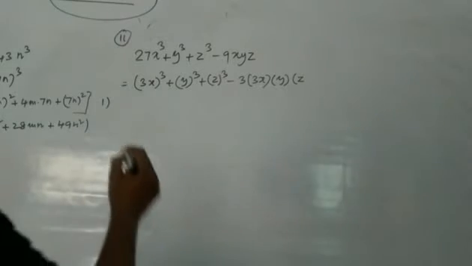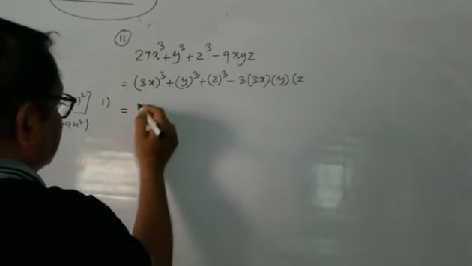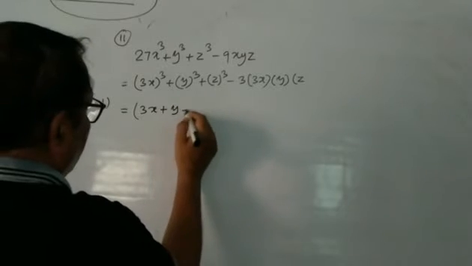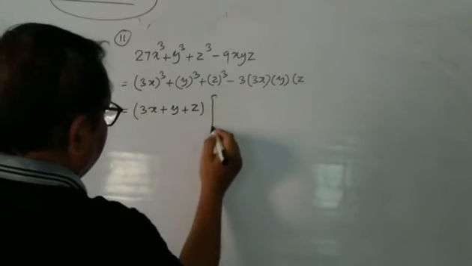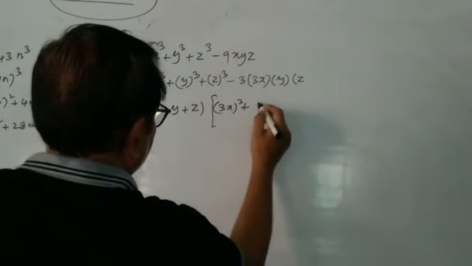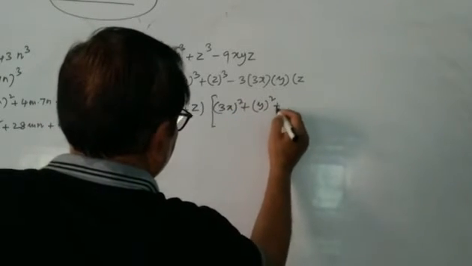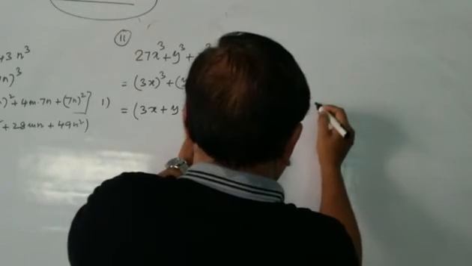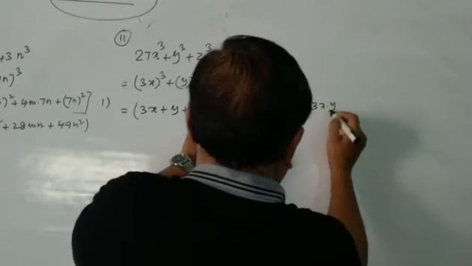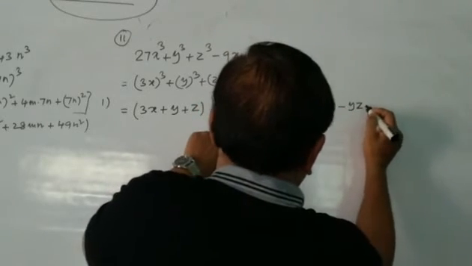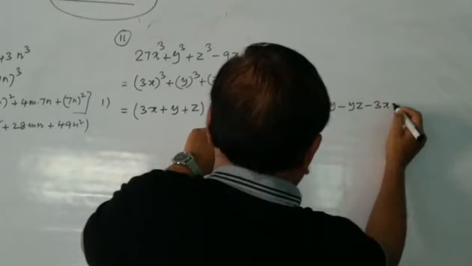The right hand side we know: a plus b plus c, that is 3x plus y plus z, into a square plus b square plus c square minus ab minus bc minus ac.